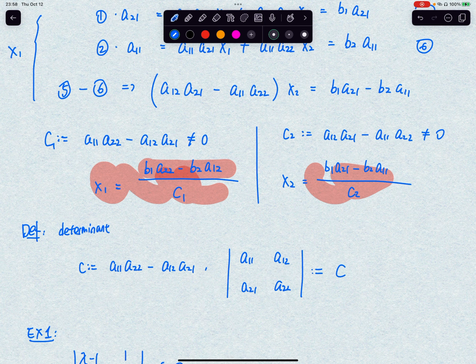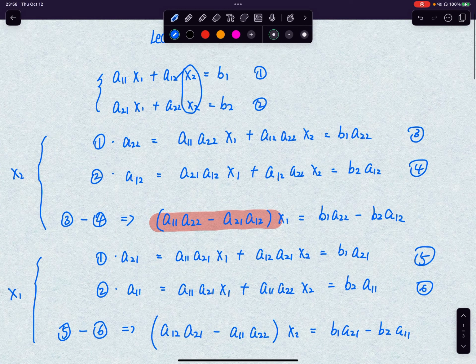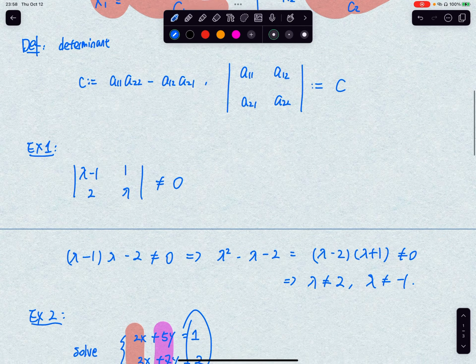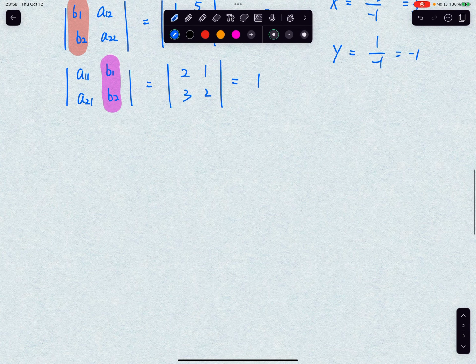So we just worked out two variables. Now we generalize it to more variables. Let us do three variables.